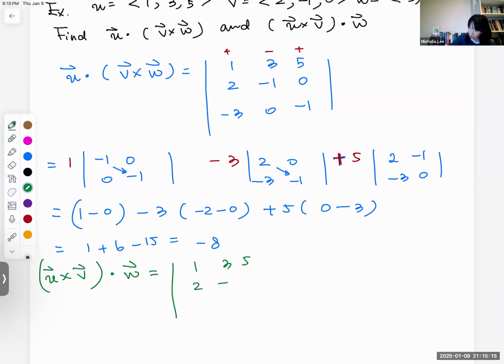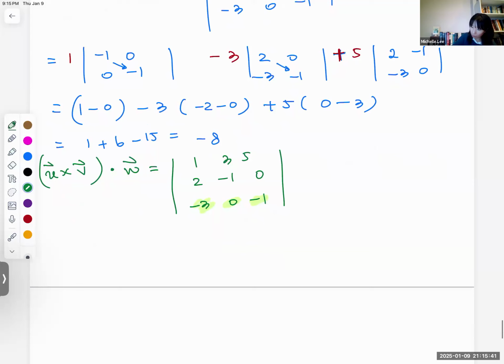135 to negative 1, 0, negative 3, 0, negative 1. Same as earlier. But then we factor out with all these numbers, right? But now we will factor out with this number. It's different. Okay? So that will be negative 3.